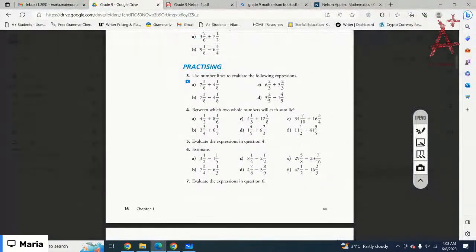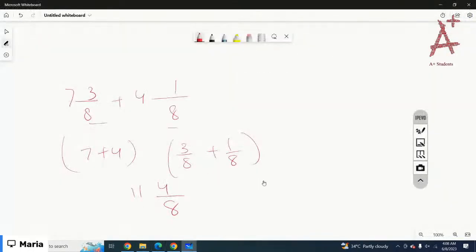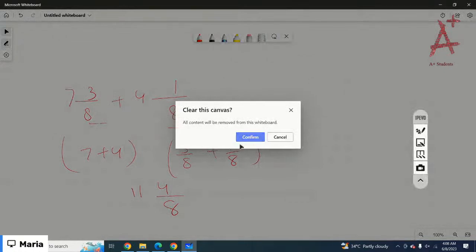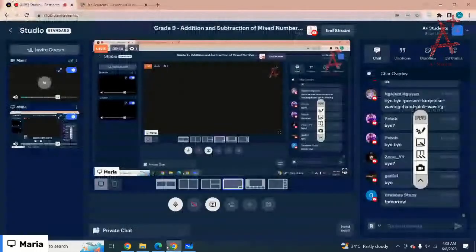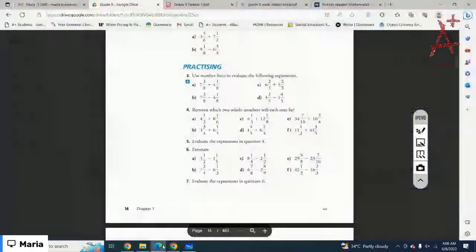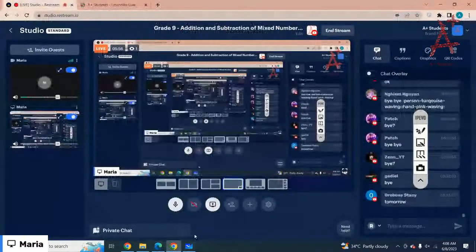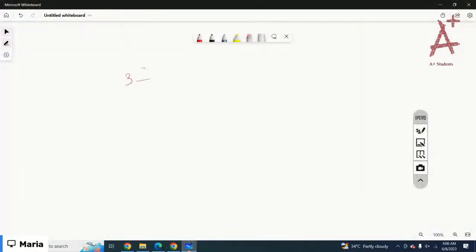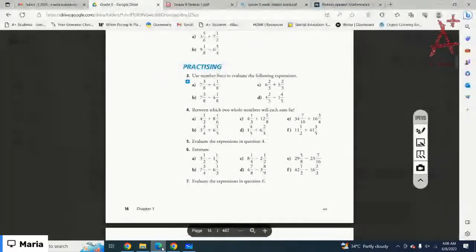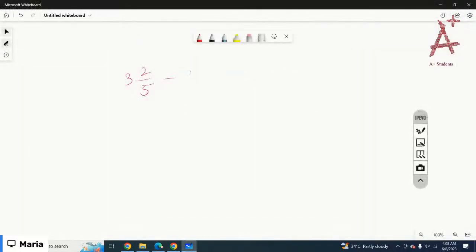Let's just do one from subtraction. 3 whole 2 over 5 minus 1 whole 4 over 5. Got it?